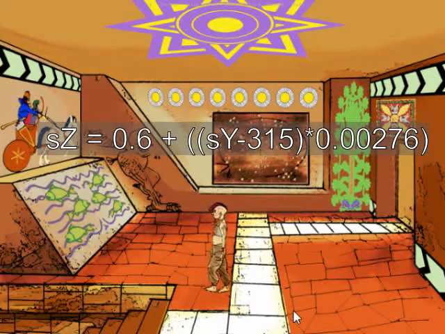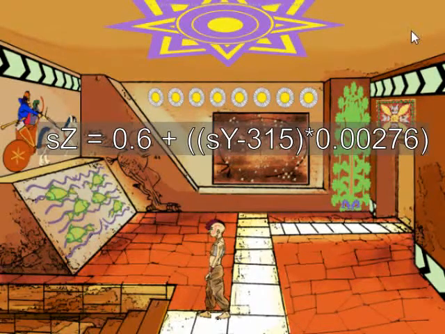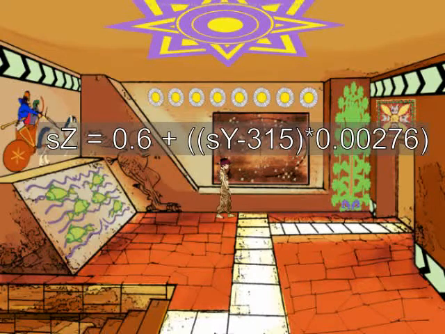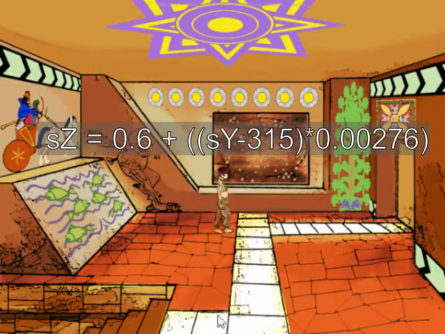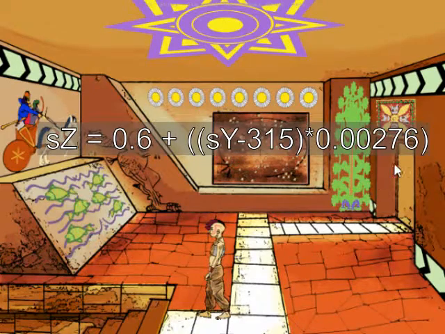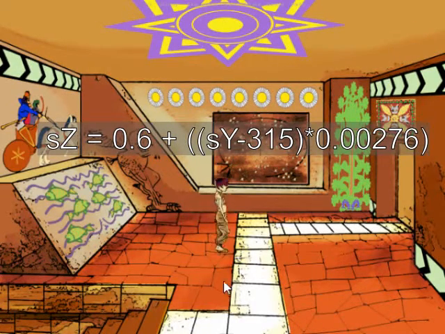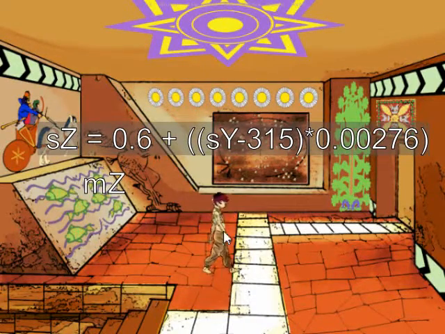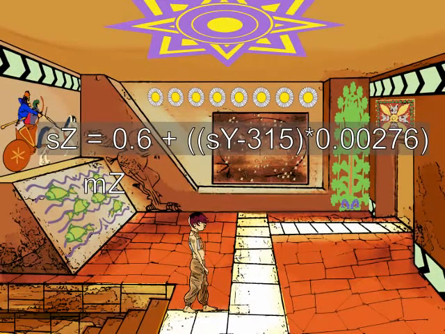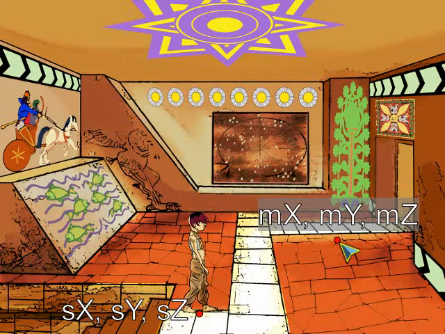So we can now calculate sz as 0.6 plus (sy minus 315) times 0.00276. We will also have a variable mz, which will be the scale factor at the point to which the character is going to walk.